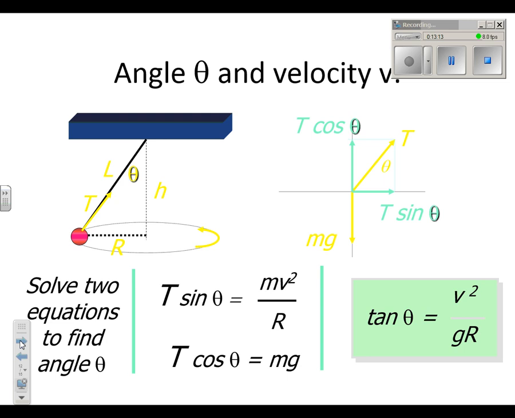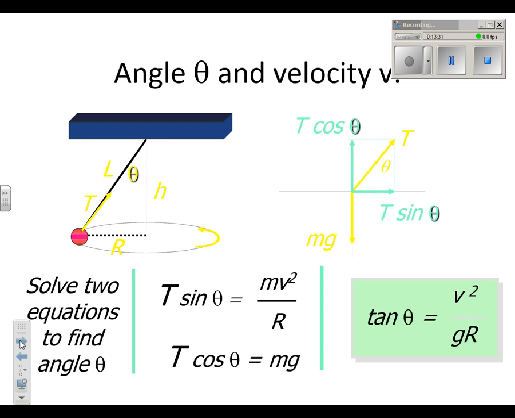So we can set these equations over each other, and when we do that, we come up with the equation tangent theta equals v squared over gr. The masses would end up canceling out.